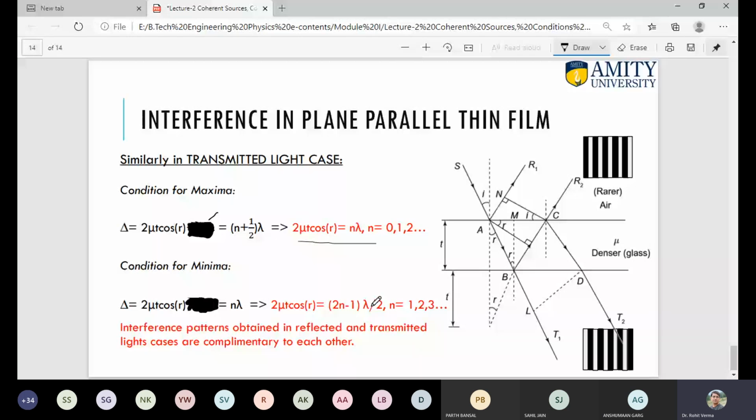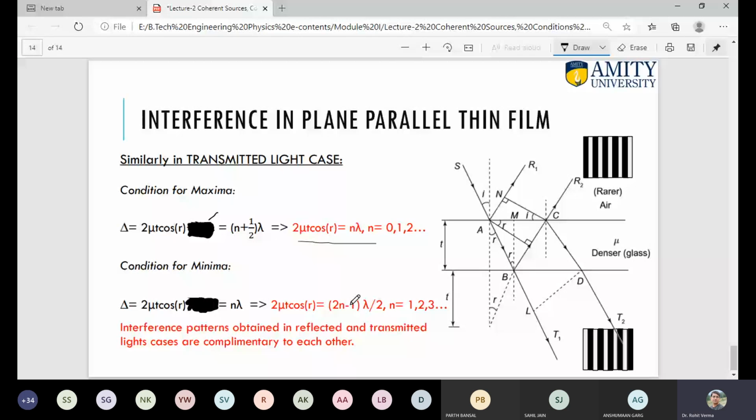The only difference between these two is that if you write 2n minus 1 lambda by 2, then n will vary from 1 onwards. If you put n equal to 1, it comes out to be lambda by 2. If you put n equal to 2, it comes out to be 3 lambda by 2. If you put n equal to 3, it comes out to be 5 lambda by 2. And if you use 2n plus 1 lambda by 2, then n will vary from 0: 0 gives lambda by 2 on the right hand side, and 1 gives 3 lambda by 2.